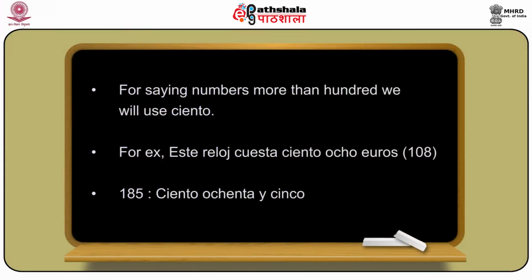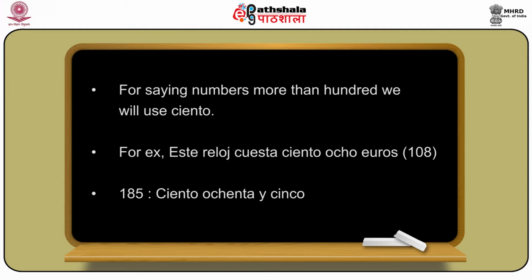For saying numbers more than 100, that is 101, 102, likewise, or 110, 115, for that we will not use cien, but we will use ciento. For example, if I say this watch costs 108 euros, in Spanish it is said as este reloj cuesta ciento ocho euros. So it will not be cien ocho, but it will be ciento ocho.